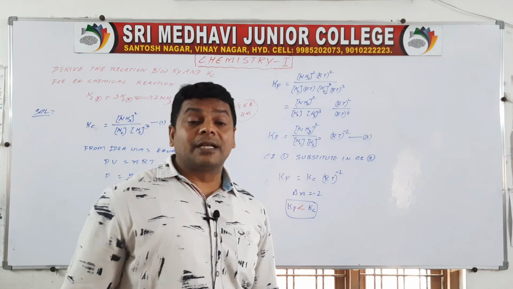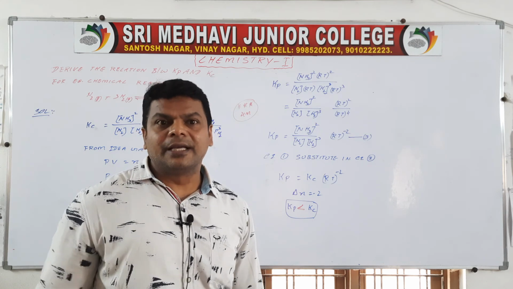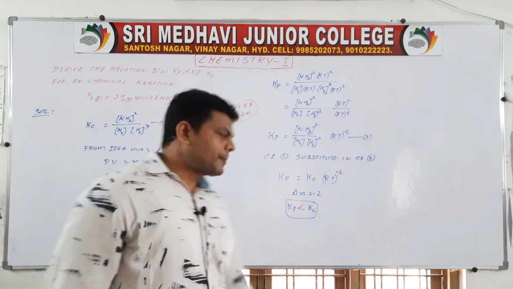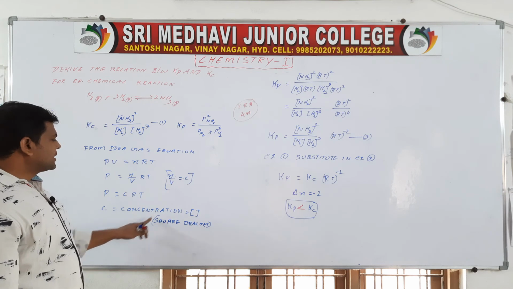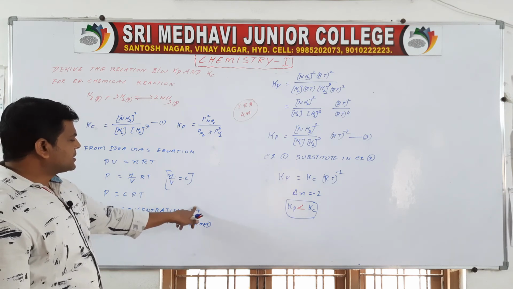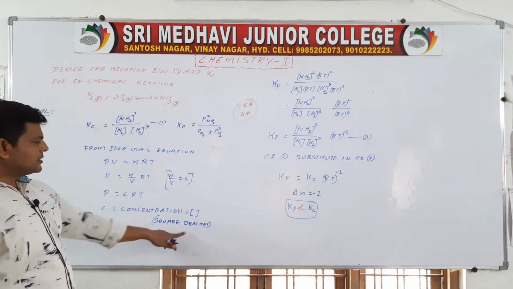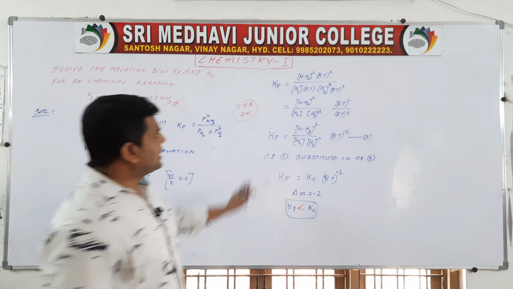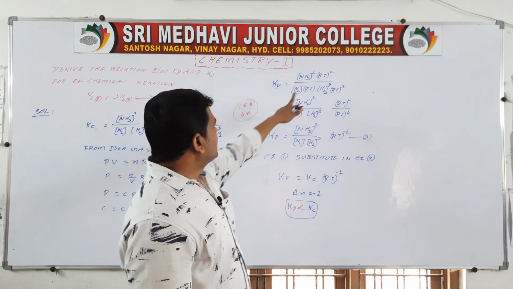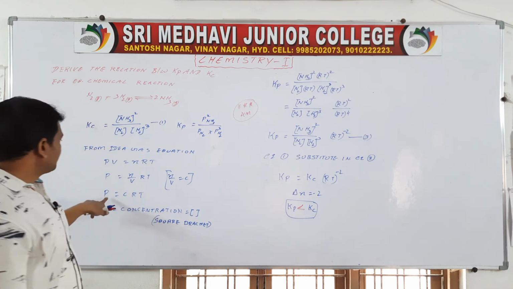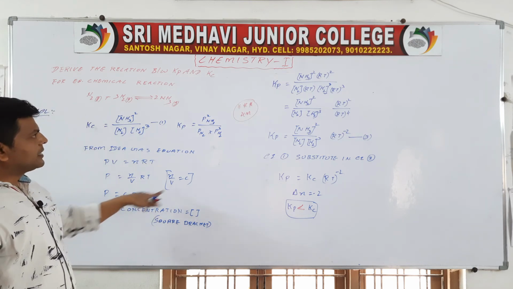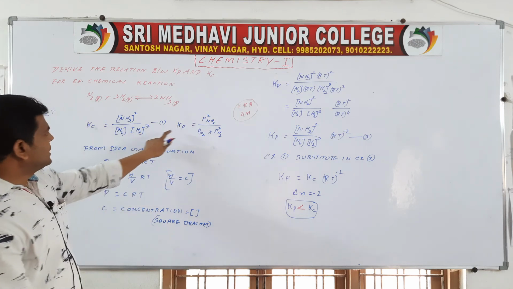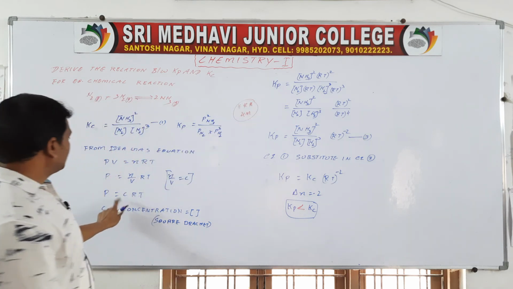Concentration can be measured in terms of molarity, normality, molality, like that. See here, C is nothing but concentration, which may be indicated by square brackets. Next, Kp, so I am writing like this, P equal to CRT. So this equation I am writing in this form.